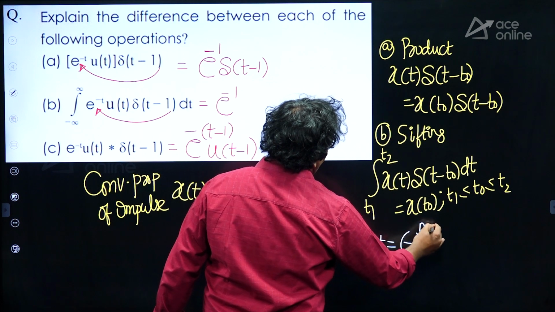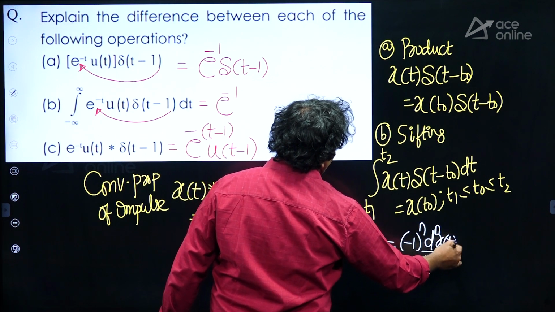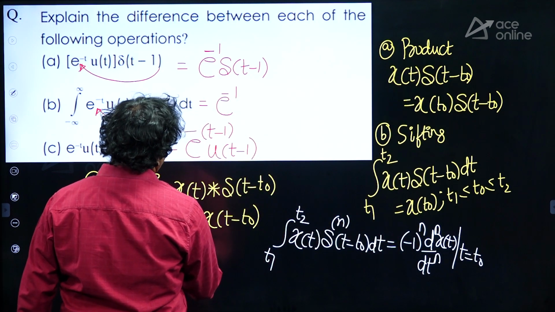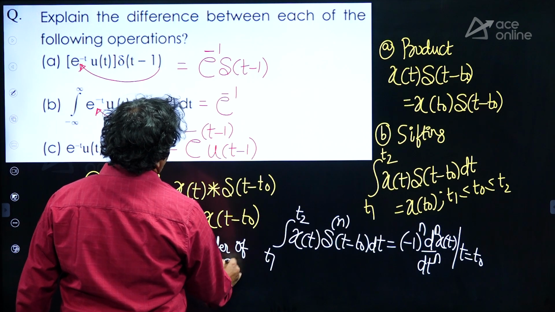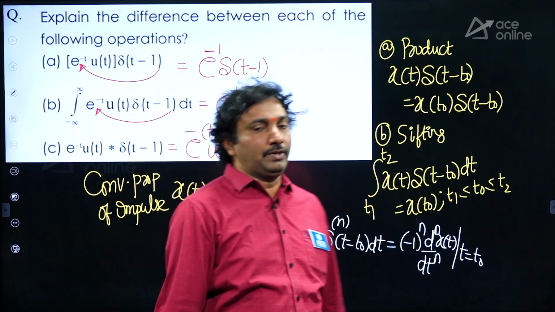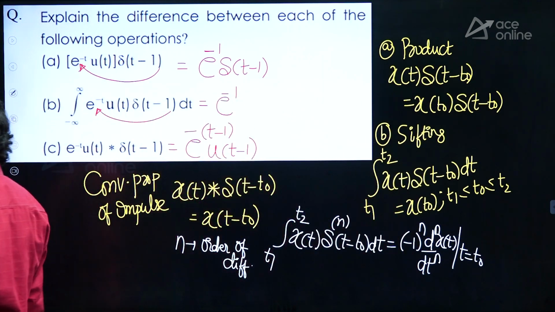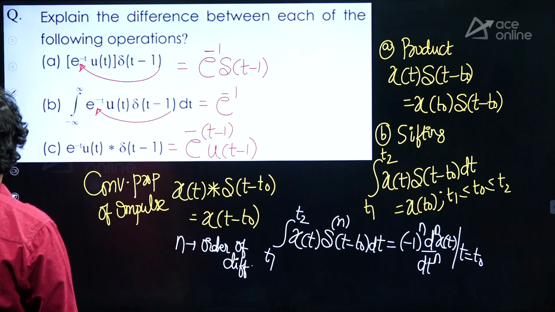Only the shifting property can be extended to derivatives. Something like this. Whatever the differentiation that the impulse contains, that is applied to the signal: minus 1 whole power n, d power n by dt power n of x(t) observed at the shift.